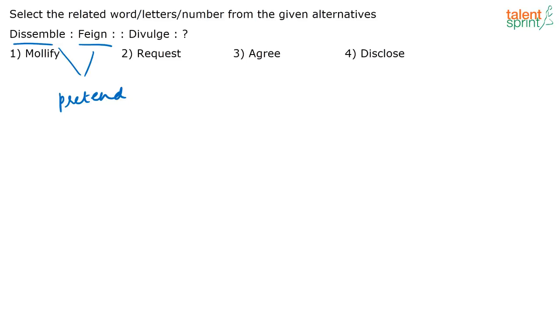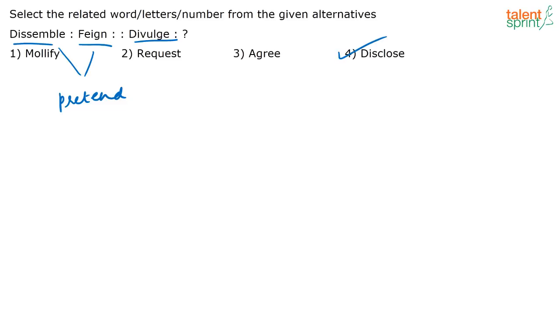So both of them have a similar meaning. Now look at divulge. Divulge generally means disclose, like disclose a secret or disclose sensitive information. So the word that has a similar meaning is option 4, that is disclose.